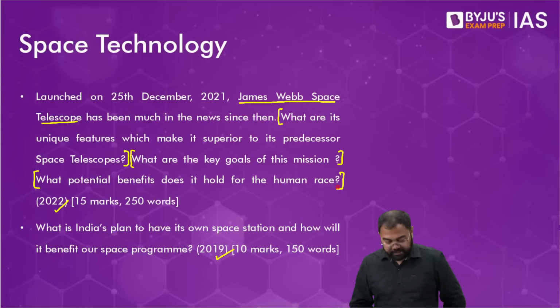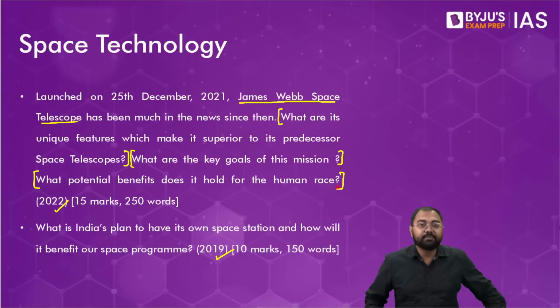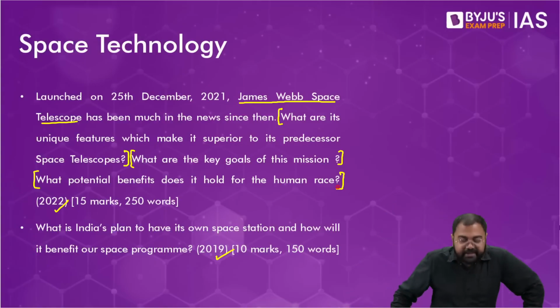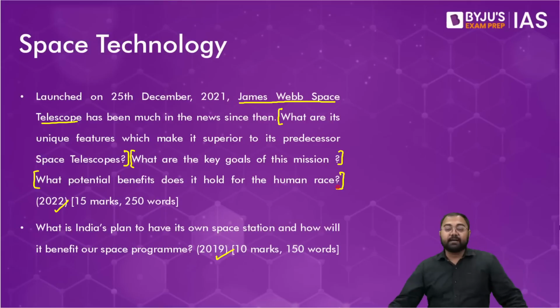If you mention these names, James Webb and Hubble, it shows the examiner that you are prepared, that you know your facts and data right, and that gives you a positive impact, obviously even on the marks that you obtain in that question.